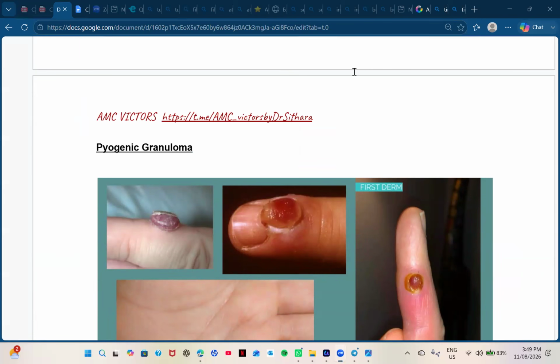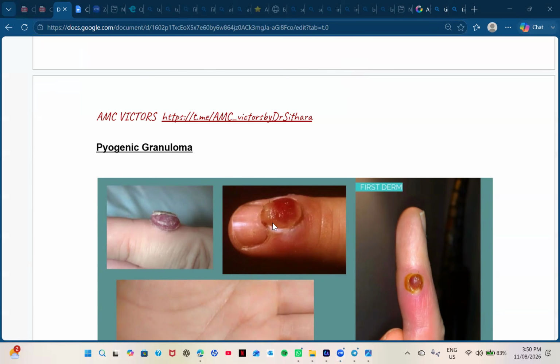So what is pyogenic granuloma? It's a capillary hemangioma, a benign vascular proliferation.